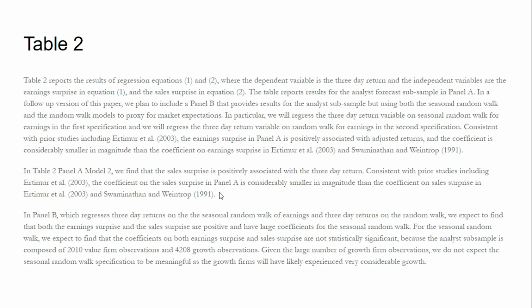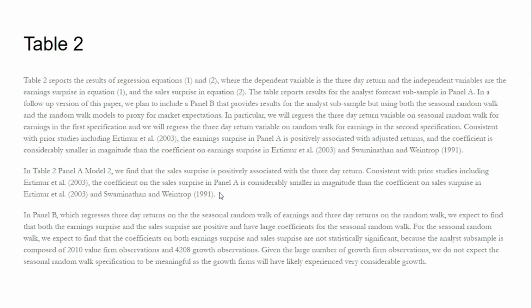So what we're saying here is basically we think that the seasonal random walk measure is going to be very noisy because it compares 4 quarters ago to this quarter. And given half of our sample is made up of growth firms, we think that those are going to be huge increases.